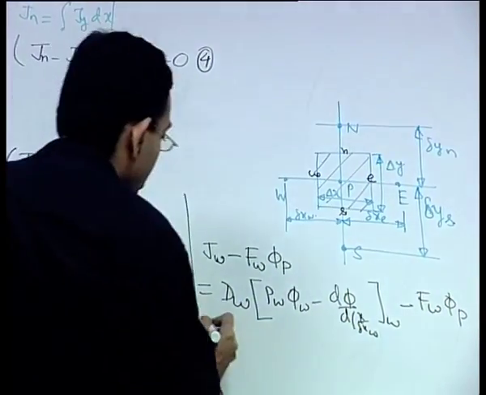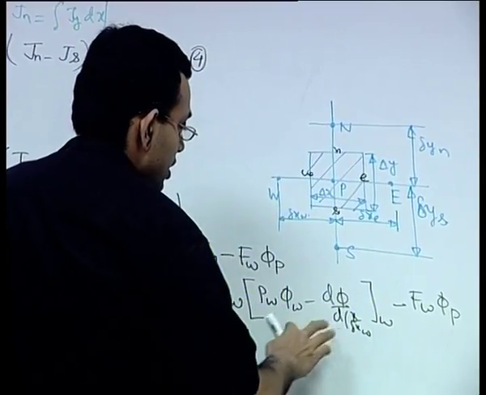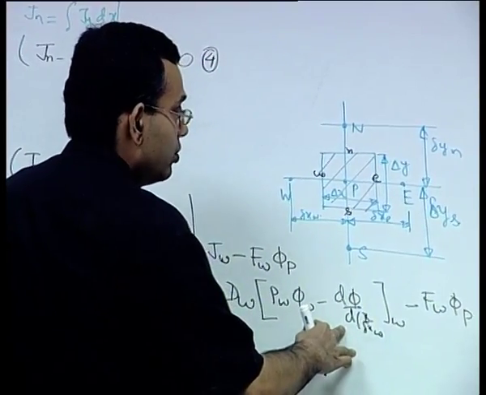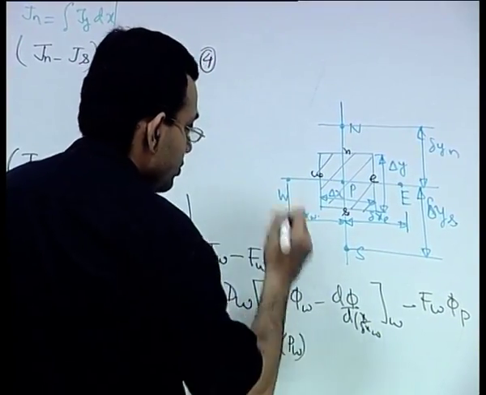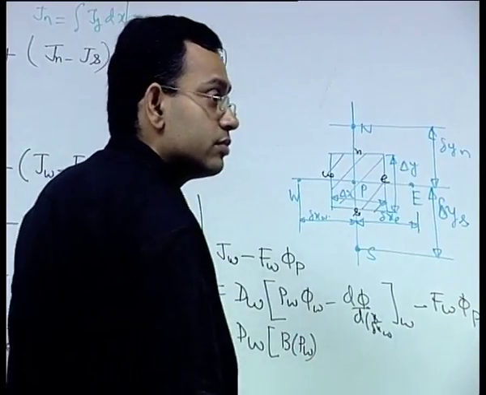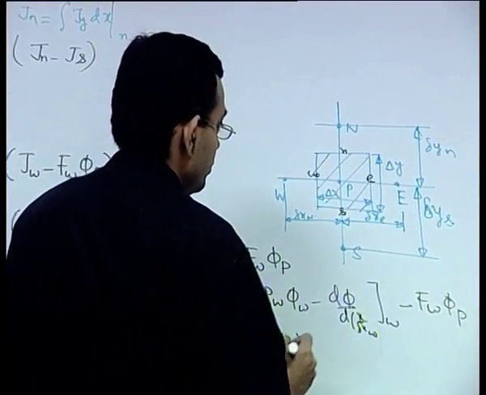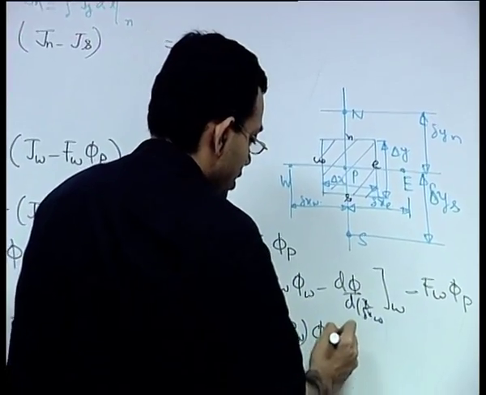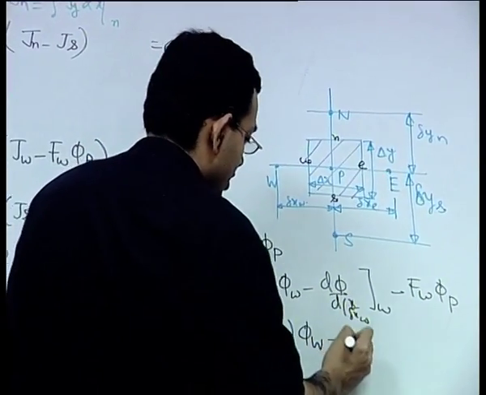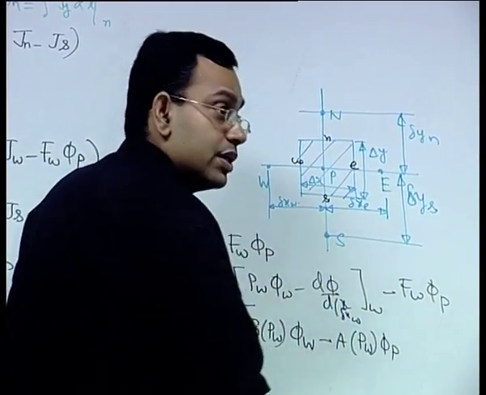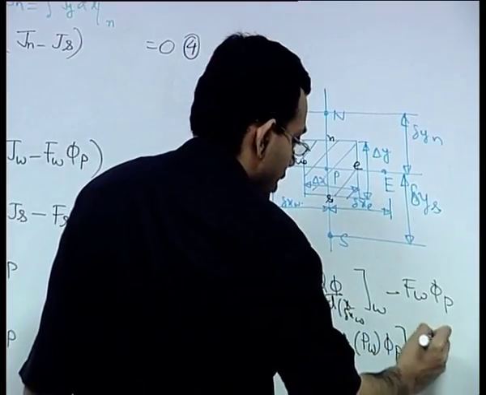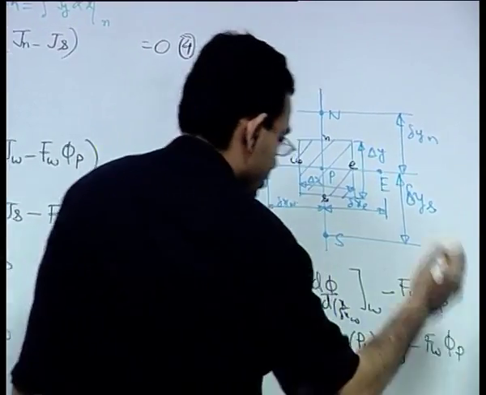So this is dW, this is J star at small w. So B Pw phi capital W minus A Pw phi capital P minus Fw phi p.